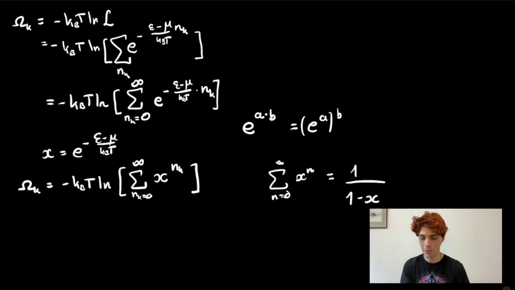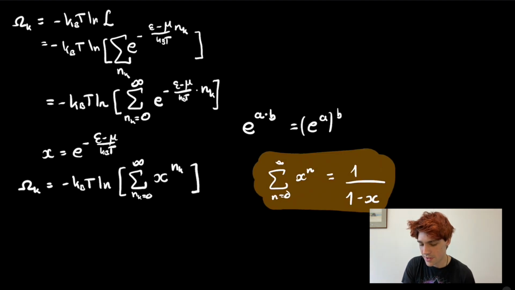Now this is a very well-known sum identity. If you want a derivation of this, go check it out on YouTube. I'm sure there's a whole bunch of material that easily derives it. It's very easy to derive, but it's a very well-known summation result.